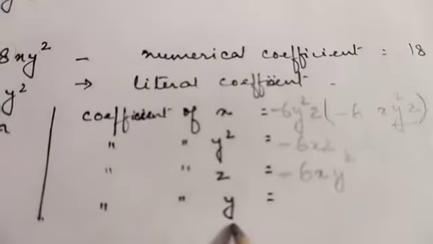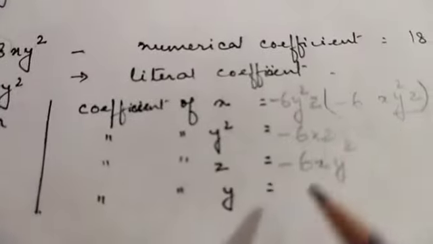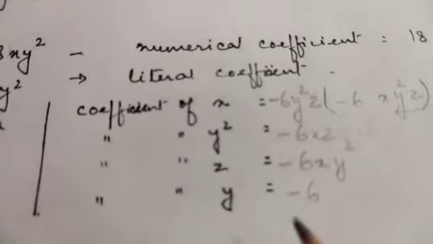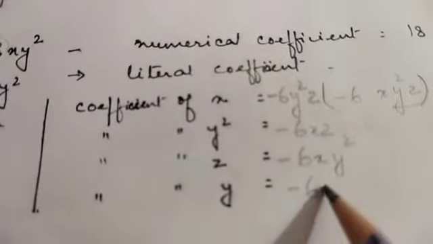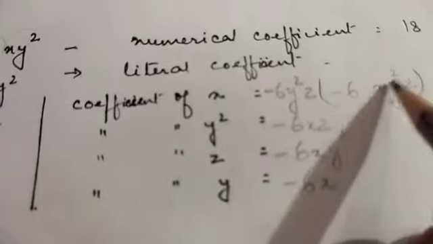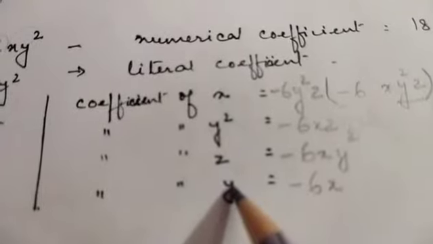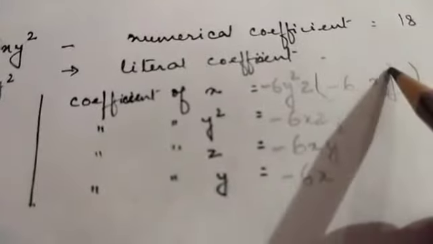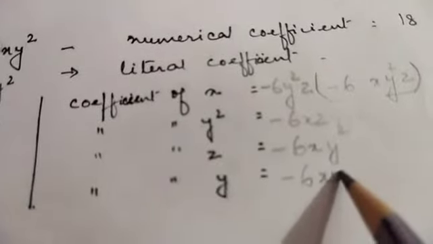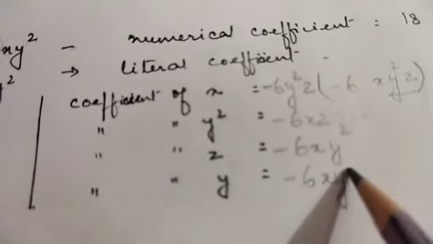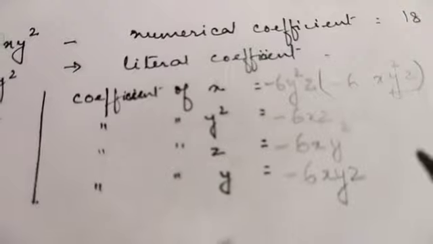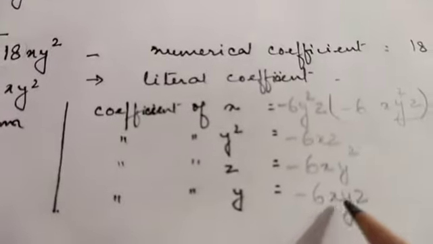Then coefficient of y is going to be what? I have minus 6 x y. We are finding out the coefficient of y, but here it is y square, then the remaining one factor is y and then z.